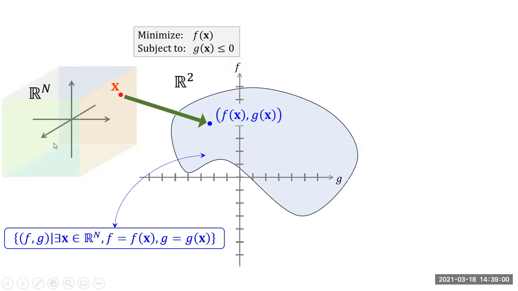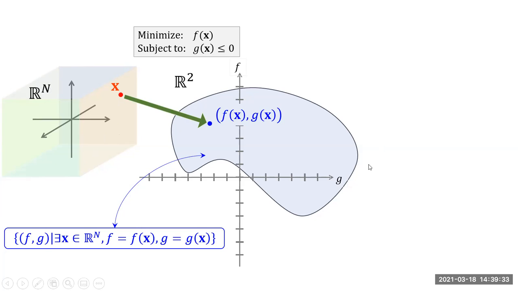Now, if we take any point x in n dimensions and find f of x and g of x, that gives a two-dimensional point in this FG plane. So all these points, any point x, all the way to plus infinity, minus infinity in any of these n dimension directions, somehow they fall in this shaded region here.